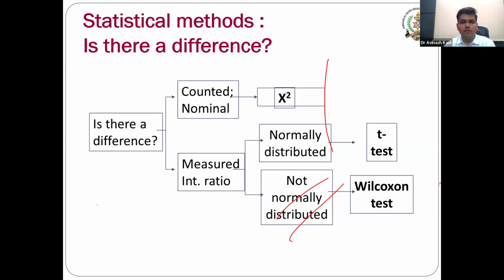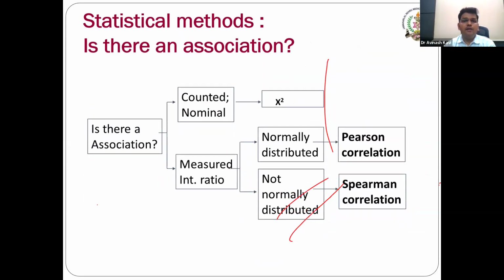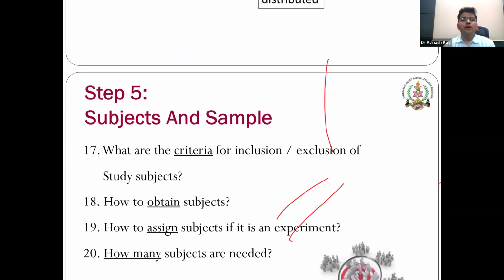If nominal, then we can go for chi-square. If it is interval or ratio, looking at the distribution, we can choose the t-test or the Wilcoxon test. And if there is an association that we are checking, if nominal, then again chi-square test to a certain extent. If it is interval or ratio, normally or non-normally distributed, we can choose either the Pearson's or the Spearman correlation.